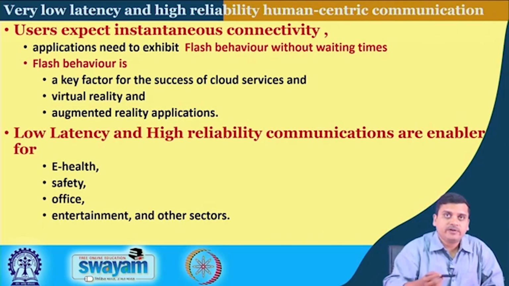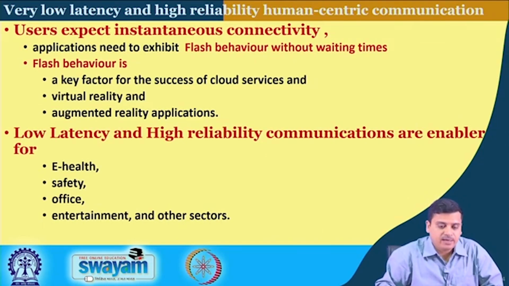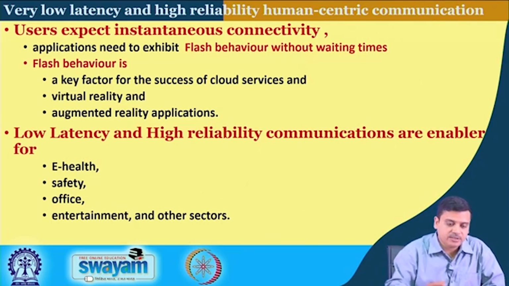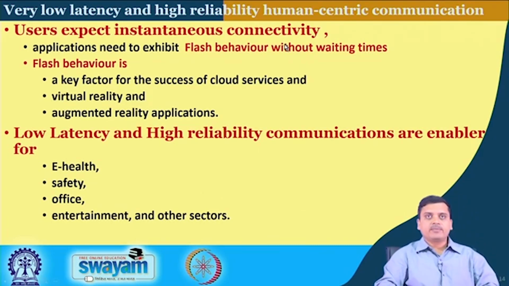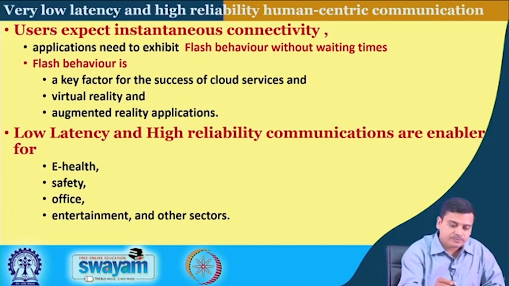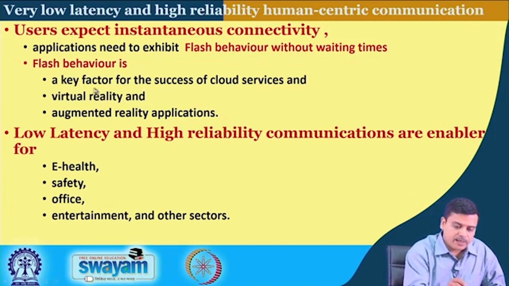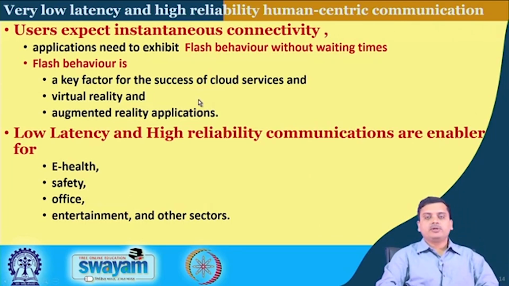For example, in very low latency and high reliability human centric communications, users expect instantaneous connectivity. That means flash behavior: within a split second you are connected. Further, if this is feasible, then cloud services would be possible, because when services are in the cloud and you have to access them, there is a natural delay, since there is a huge mechanism through which you have to get your service.